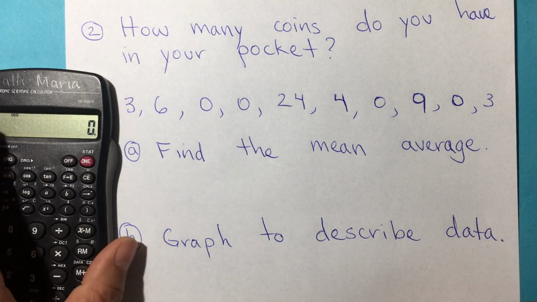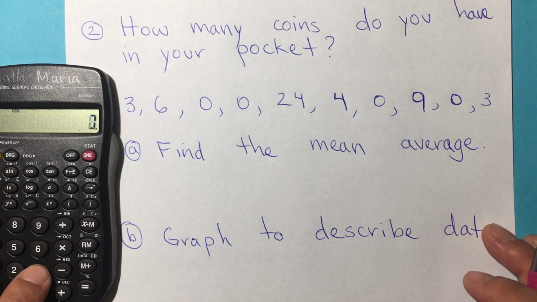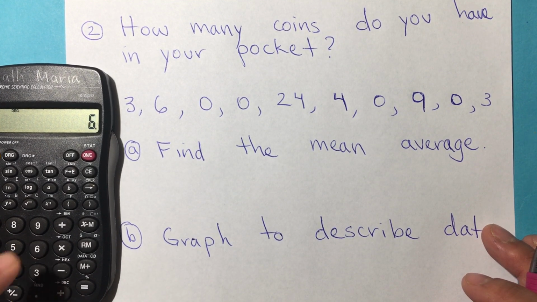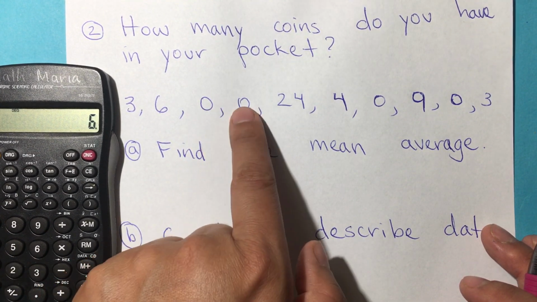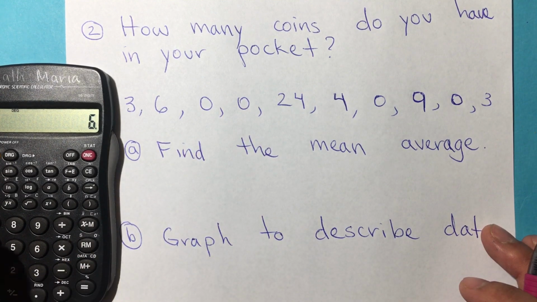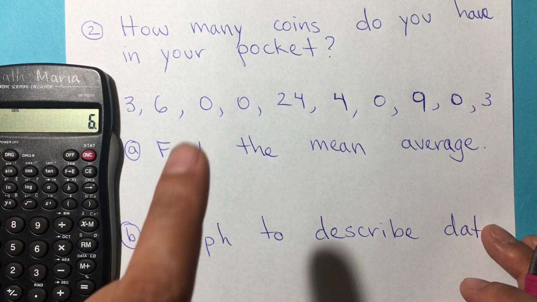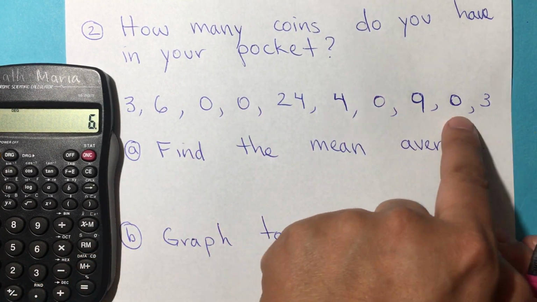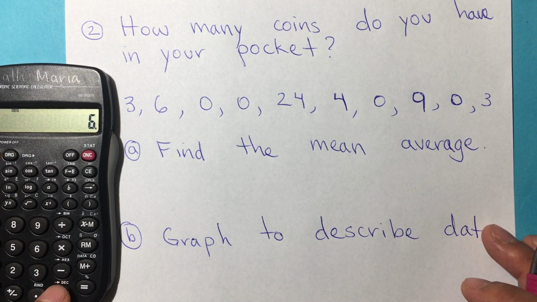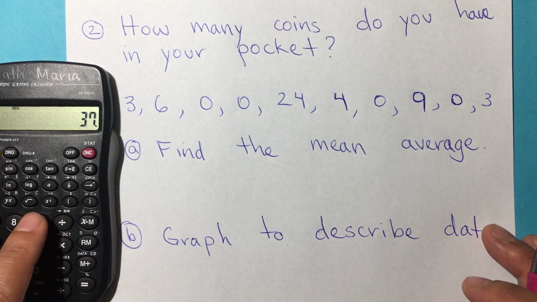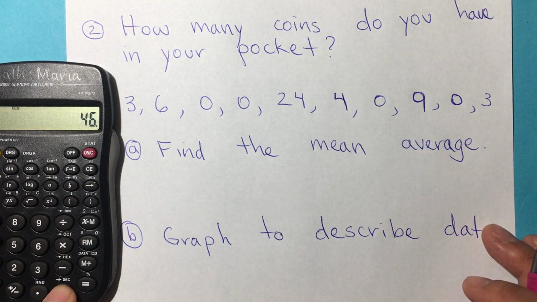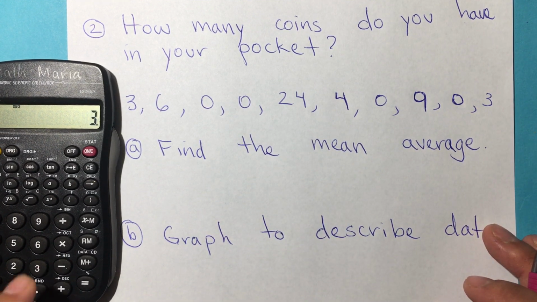So we add these items, it's going to be 3 plus 6. We don't add in here plus 0 because it won't change anything, but we do count those as items, okay? So we go ahead and put plus 24 plus 4 plus 9 plus 3.